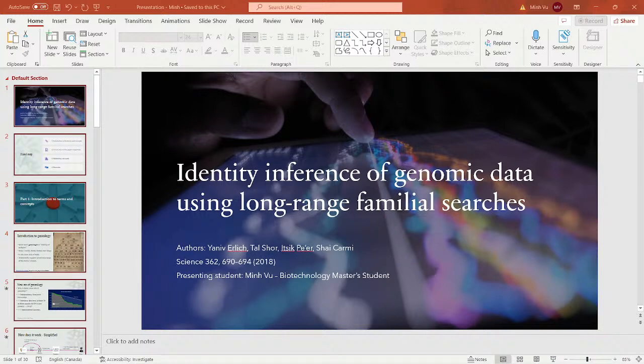So IBS stands for identical by state, which just means identical sequences. It's nothing more than that. IBD means identical by descent. Now for humans, these two terms are more or less the same because most of the similarity in our genomes is caused by inheritance.